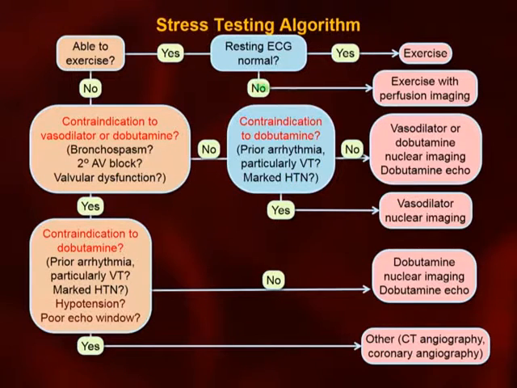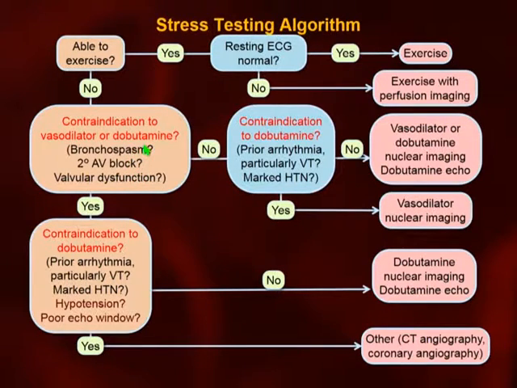And this is just an algorithm that you can look at, emphasizing that point about the resting ECG being normal. If it's not, you know you're going to have to get perfusion imaging, usually in the form of nuclear imaging. If it's yes, go on to the test. And this is assuming that you've already done your pretest probability and you know which patients will benefit from an exercise treadmill test. Now, if they're not able to exercise and you want to get a stress test, then you have to go the pharmacologic route.